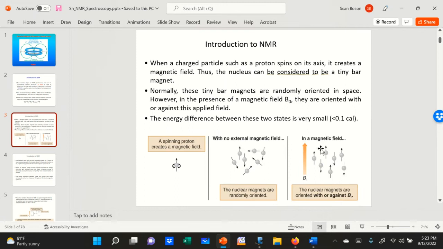Suddenly their nuclear spin, or the spinning nuclei, their direction or even the spinning, suddenly freezes.